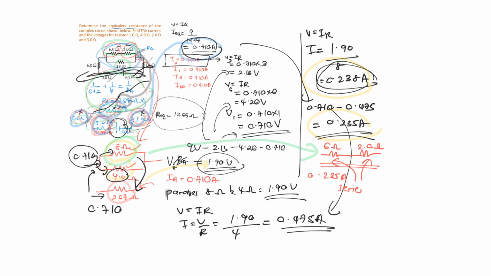So what is the voltage for the 6 ohm and 2 ohm? It's not going to be the same, because in series the voltage is different. You use V equals IR for the 6 ohm here: I is 0.235 multiplied by 6, so you get 1.41 volt. For the 2 ohm, the current is the same, 0.235, but the potential difference is different. 0.235 times 2, so you get 0.47 volt.